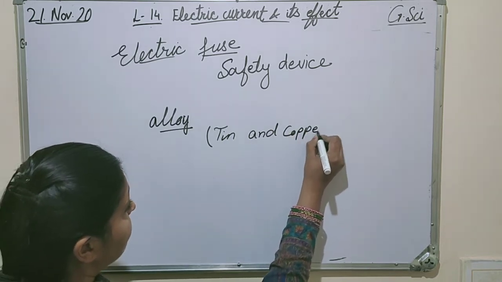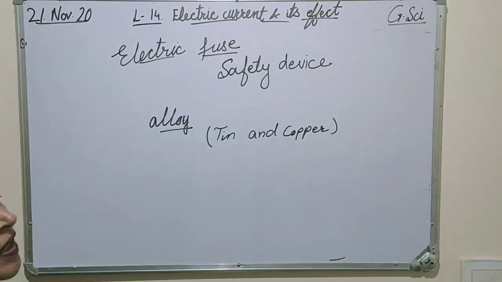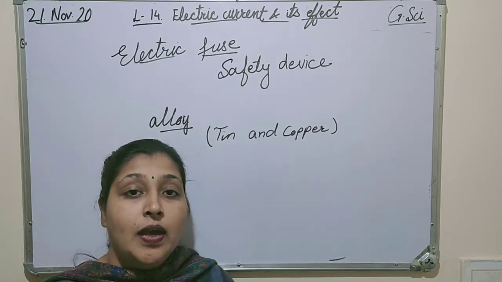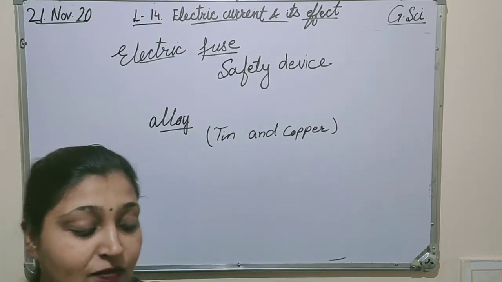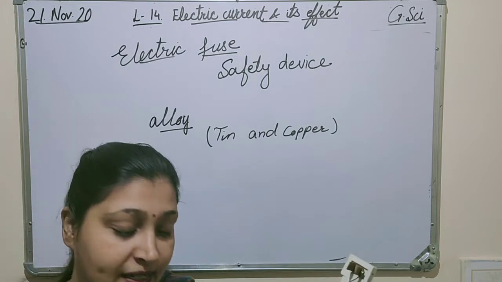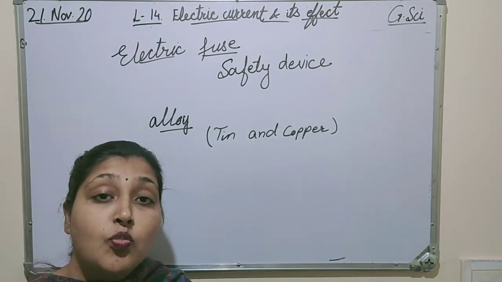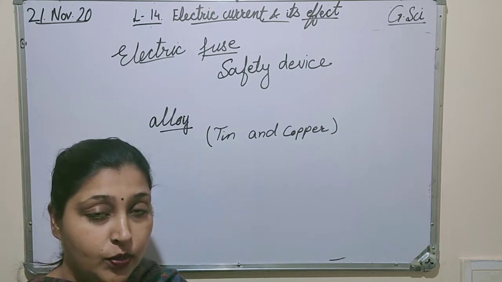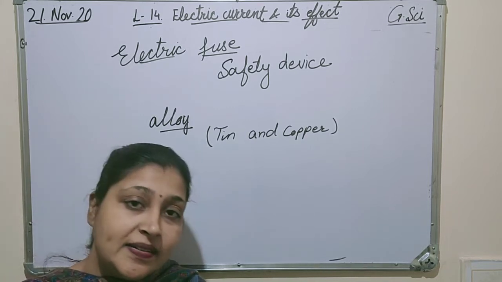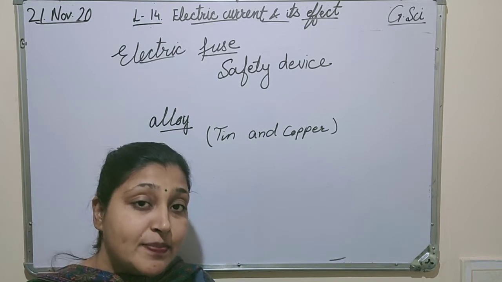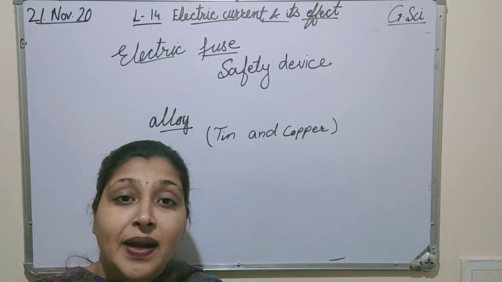And what does this wire do? This wire has an average melting point, which means whenever the current comes more than the required amount, this wire gets heated up and, because of its melting point, it gets melted.